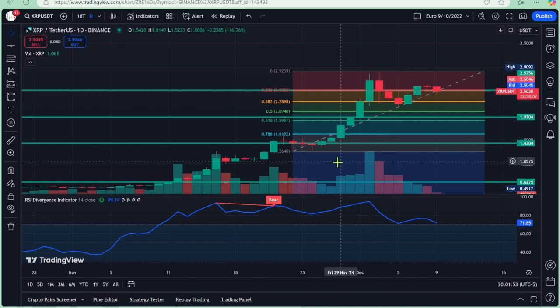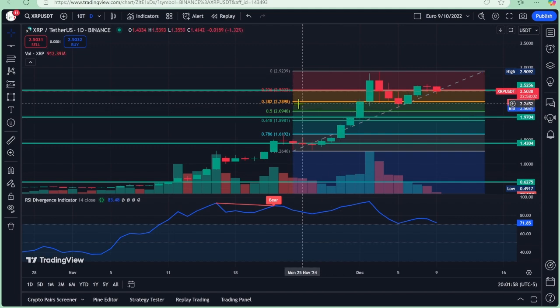And so this tool tells me that we've already retraced to this 382, which is a good area. When the trend is strong, it will go here and bounce. And that's what it did. It went there and it bounced.